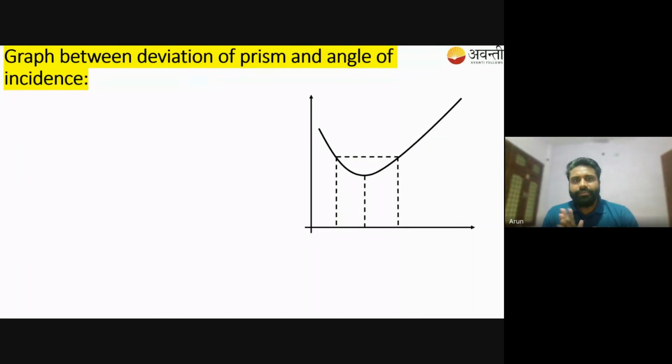Now the graph between deviation of prism and angle of incidence.